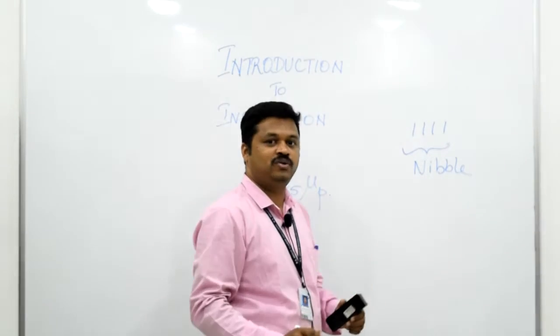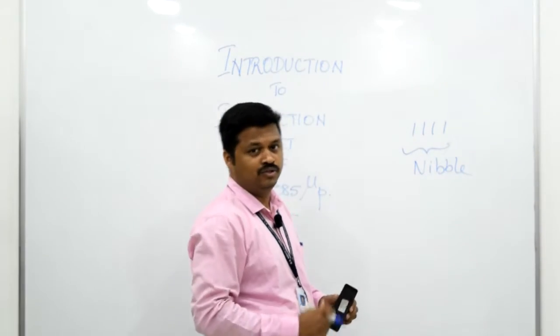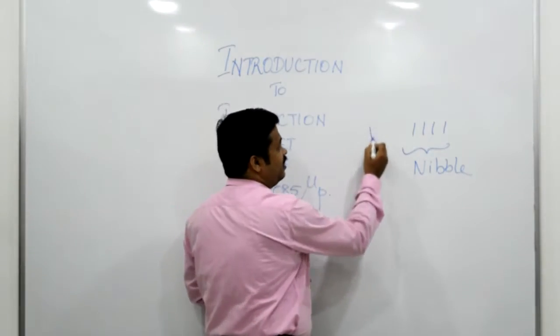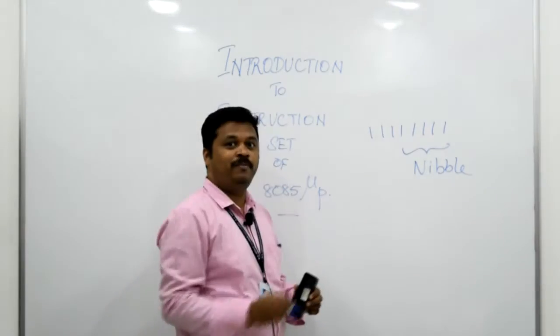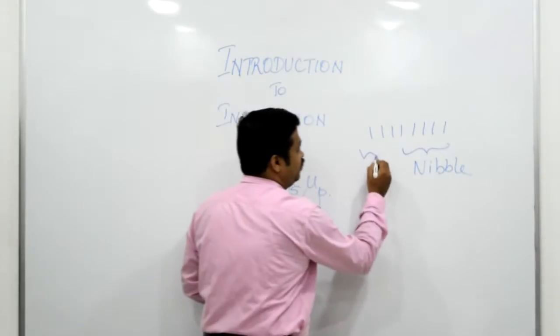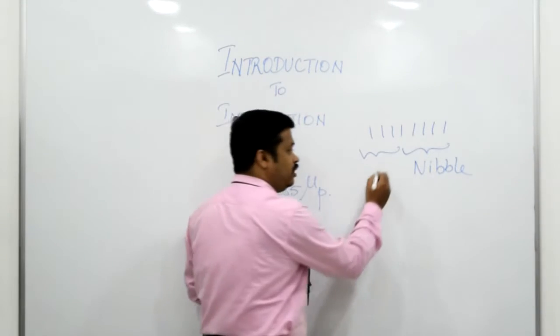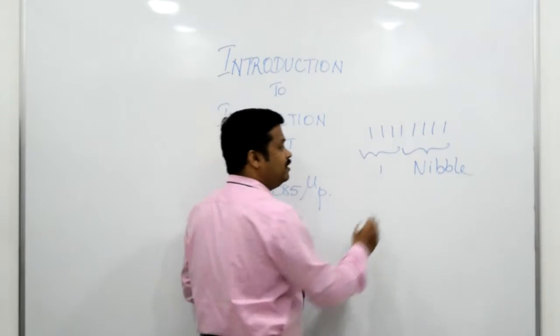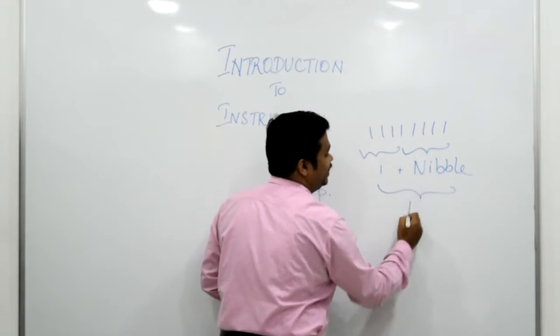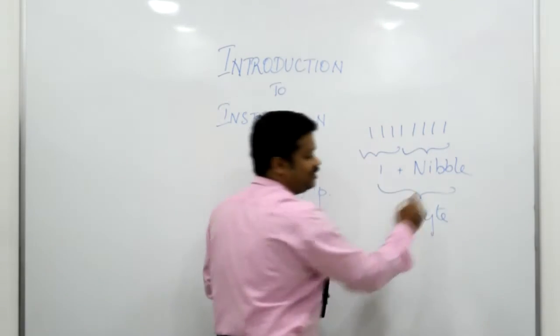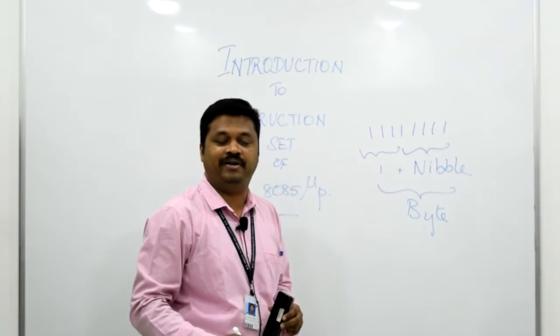If you have 4 bits together, you call it a nibble. Next, if you have another 4 bits together, that is, you have 2 nibbles, you have one more nibble over here. If you have 2 nibbles, you call it a byte. What is it? Byte.